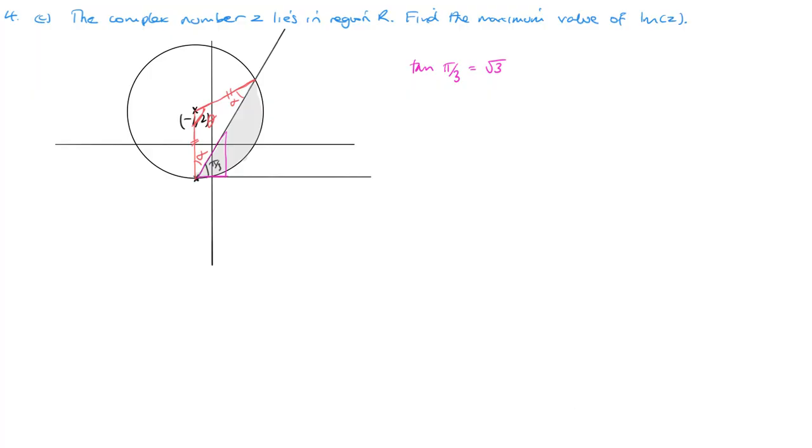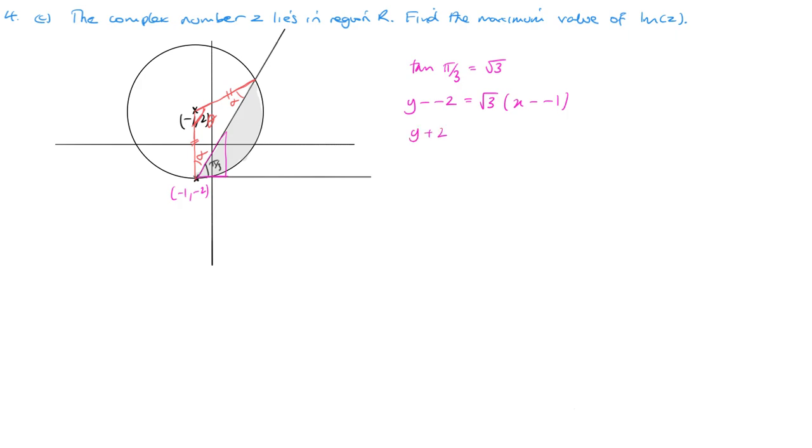Now it goes through this coordinate down here, which is -1, -2. So I know y minus y1, which is -2, equals m times x minus x1, which is -1.